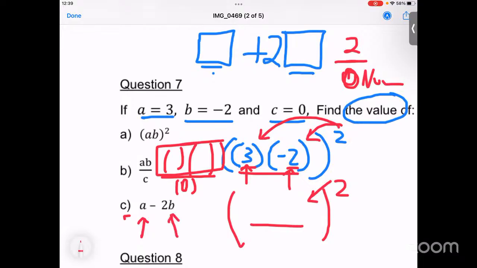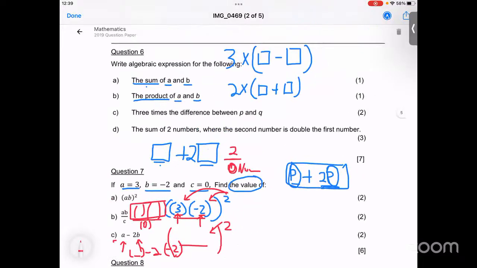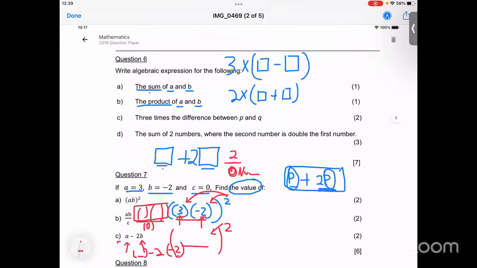So you just make sure that whatever you substitute, you put inside the brackets so that it is easier for you to not make a mistake with regards to the negatives and all of that. What I'm saying is if here it's -2, you put -2, and whatever you are having there, you put it inside the brackets and then you deal with it decisively.